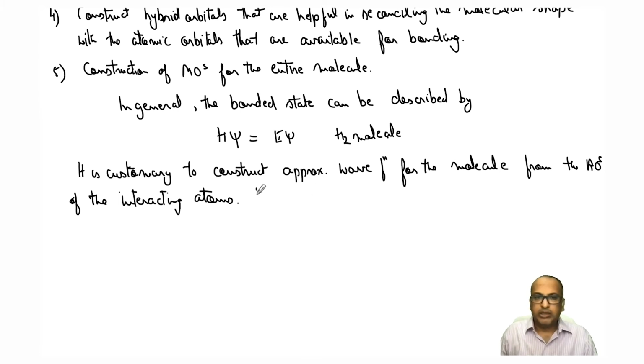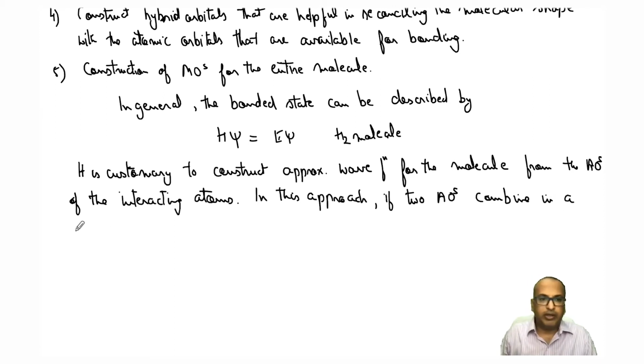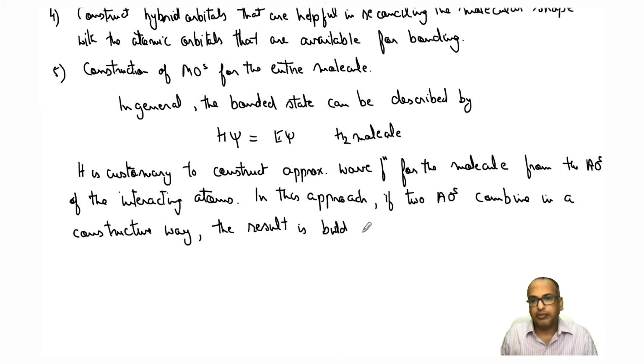So what happens in this approach? If two atomic orbitals combine in a constructive way, the result is a buildup of electron density.